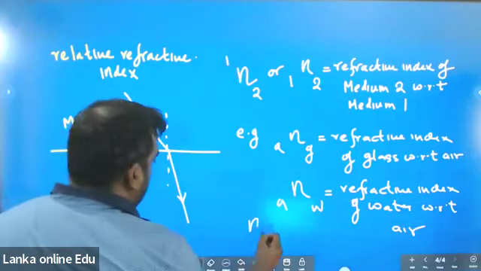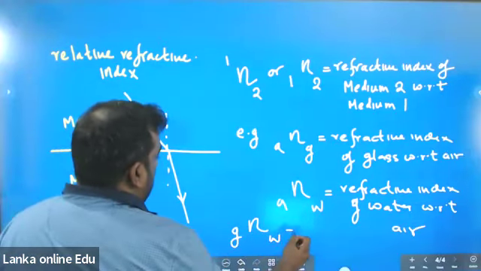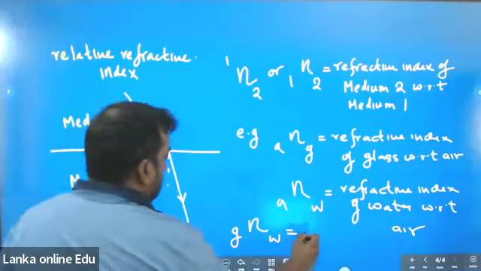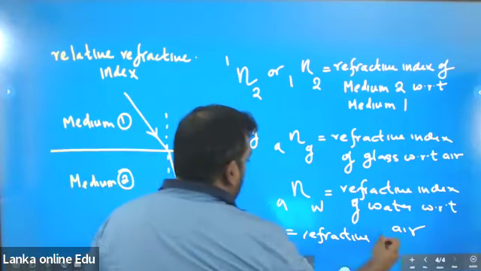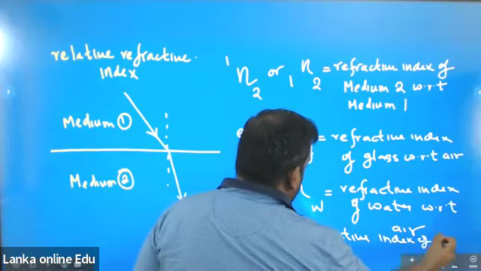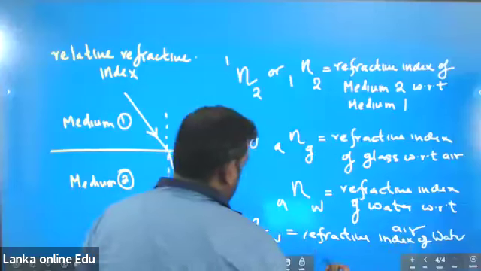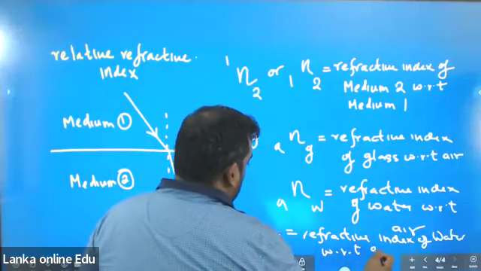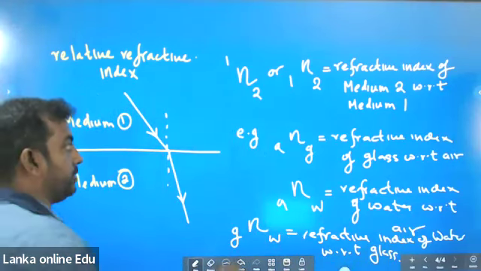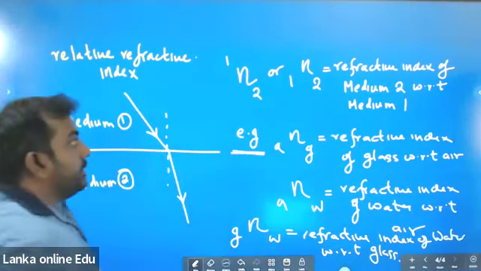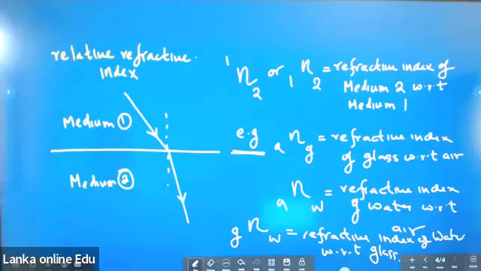If I write glass to water, this is refractive index of water with respect to glass. There you go. Basic relationship.